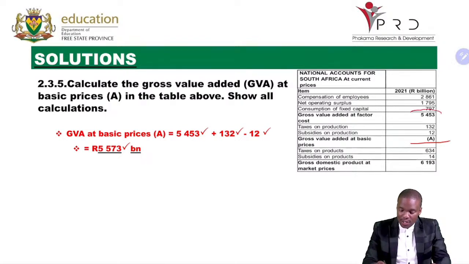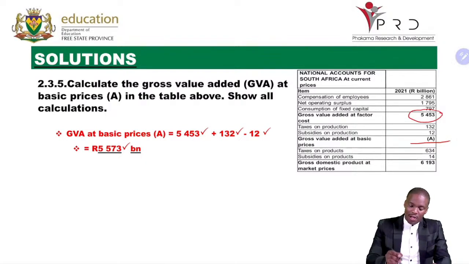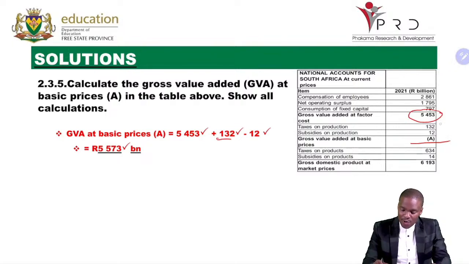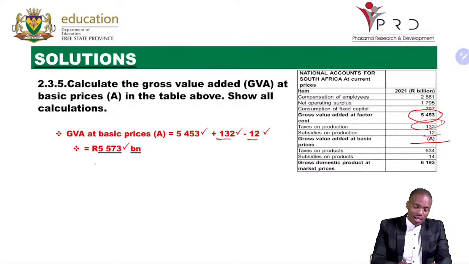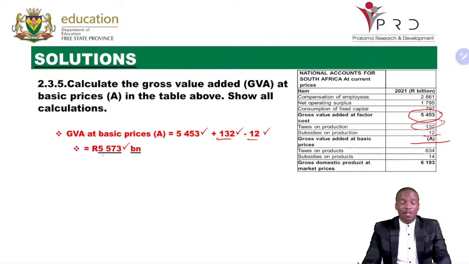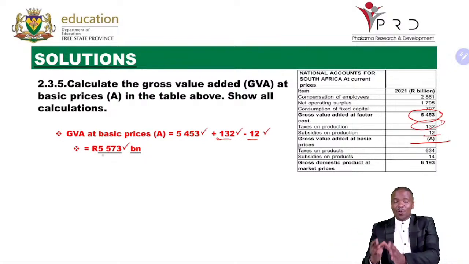We've got it there, which is factor cost, plus taxes on products, minus subsidies on production. Sorry, taxes on production minus subsidies on production. Then it gives us 5,573. You may ignore the extra zeros. Just work with the values that are given here.